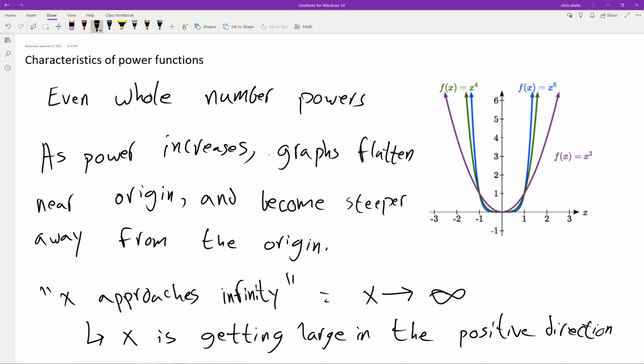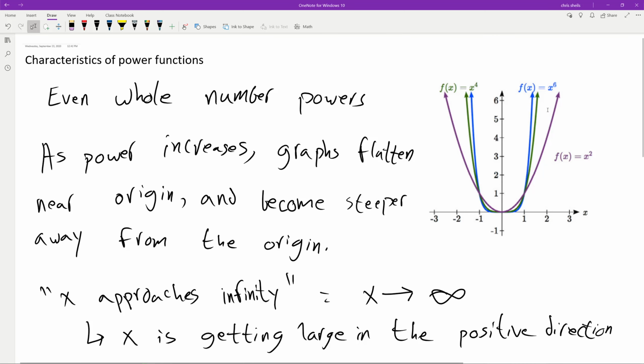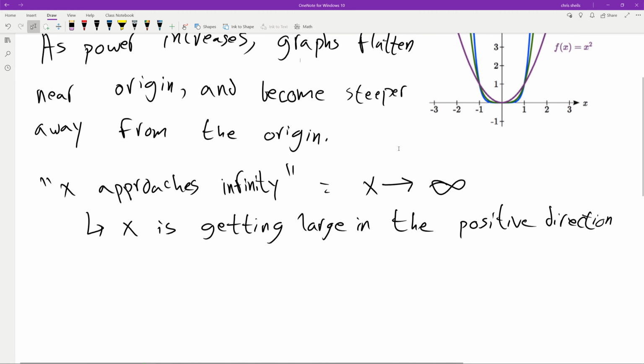With these even power functions, as my x becomes large in either the positive or negative direction, notice that my output values are becoming very large, right? As I go far out to either the left or the right, these graphs are shooting up very quickly, right? So let me write that.